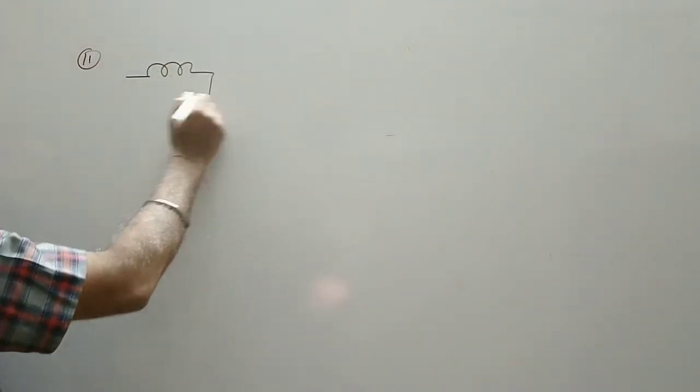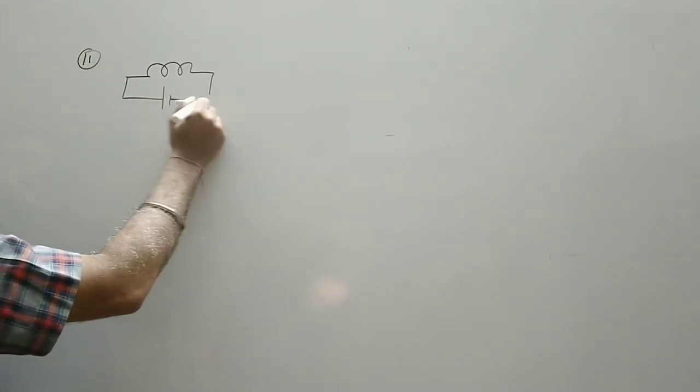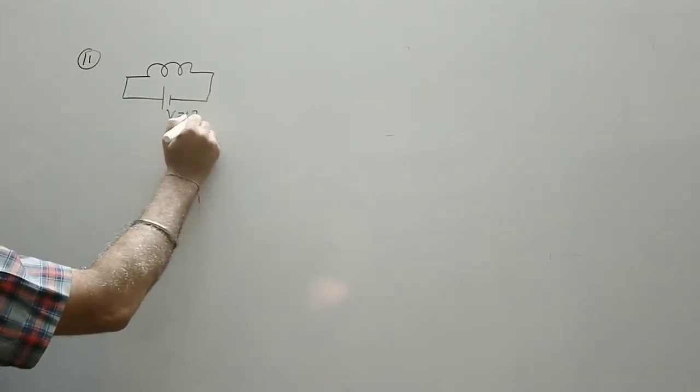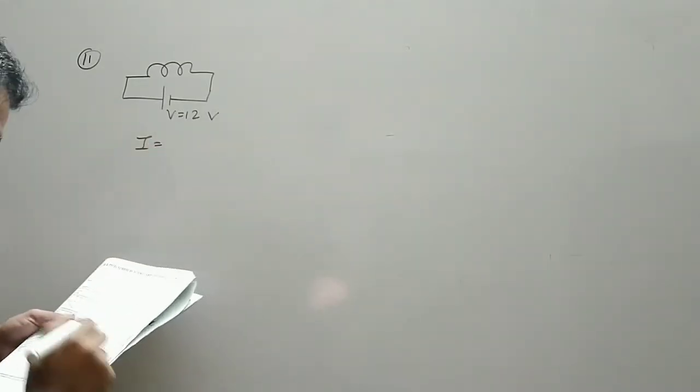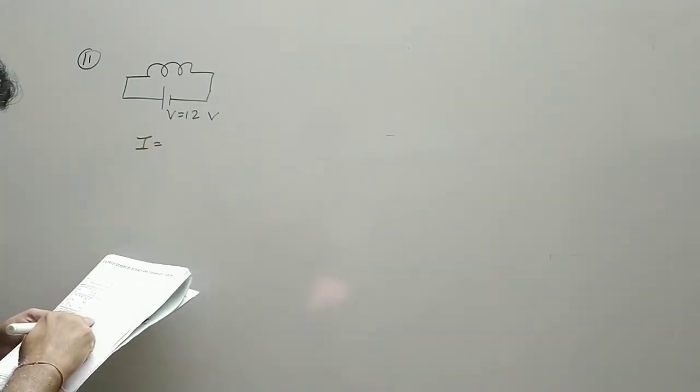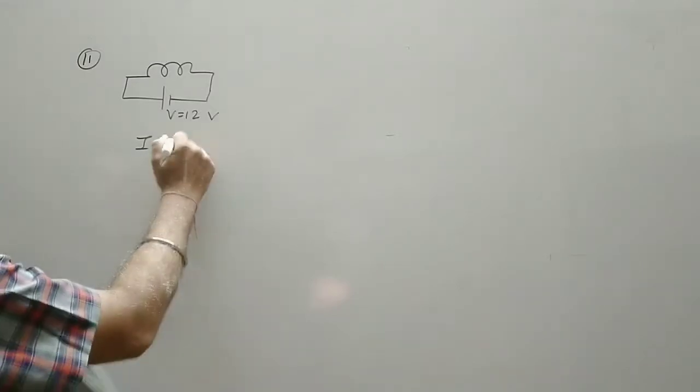So we have two cases. The first time, an inductor coil is connected with a DC source, that is 12 volt, and the current flowing is given as 4 ampere.